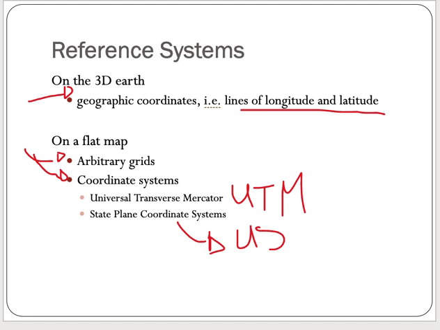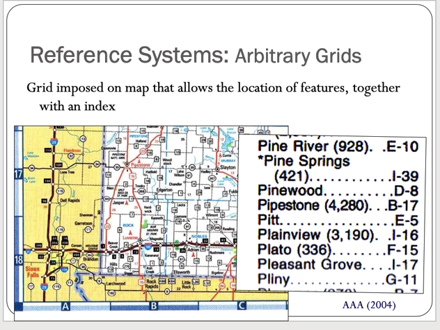So why create reference systems beyond our projections that we just talked about in the previous lectures? Well, these systems are created to capture even more accuracy and reduce distortion. So here we're looking at arbitrary grids. This is a grid imposed on a map that allows the location of features together with an index.